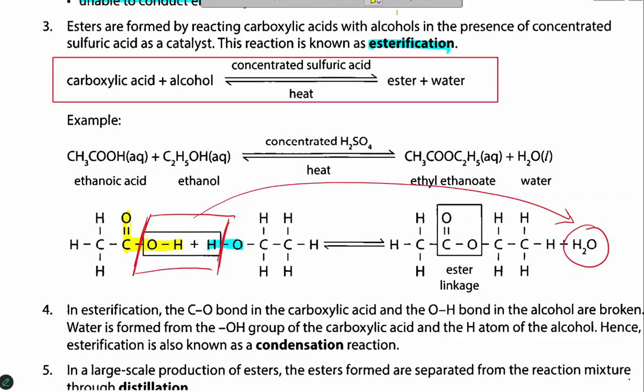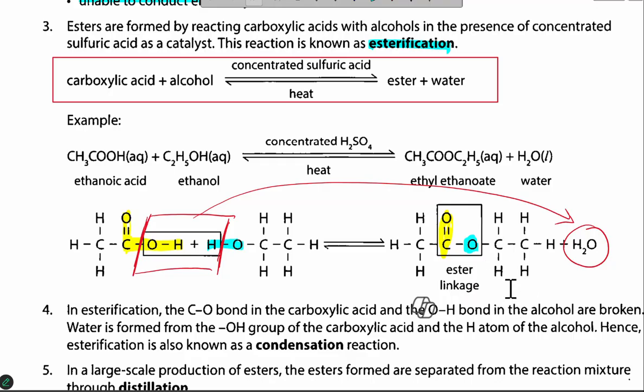So look carefully here, this is the highlighted part, the blue color which I highlighted also from here. You break out the OH and H to form H2O, and you join together to form the ester linkage. And remember what I mentioned, COO, the O cannot join to H. Join to C is correct. This O must join to a C. It cannot be a H. Alright, so it's called ester linkage.